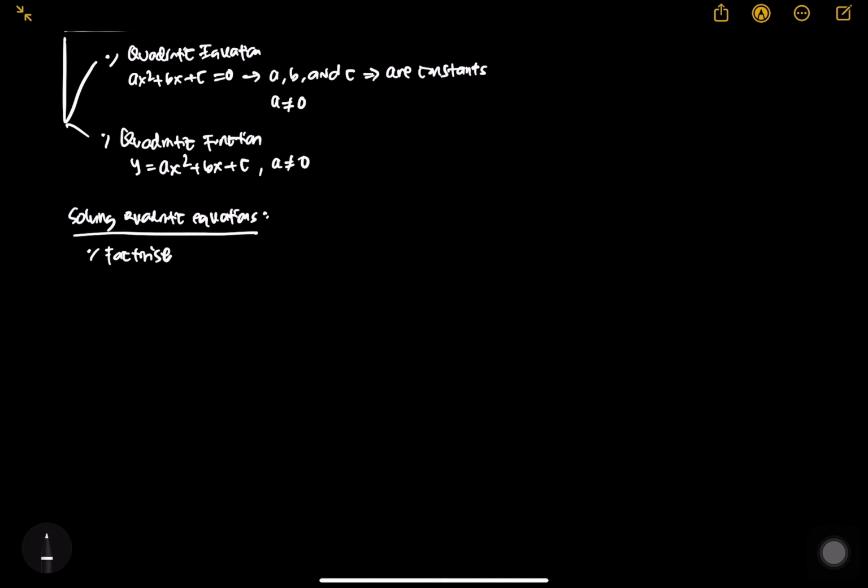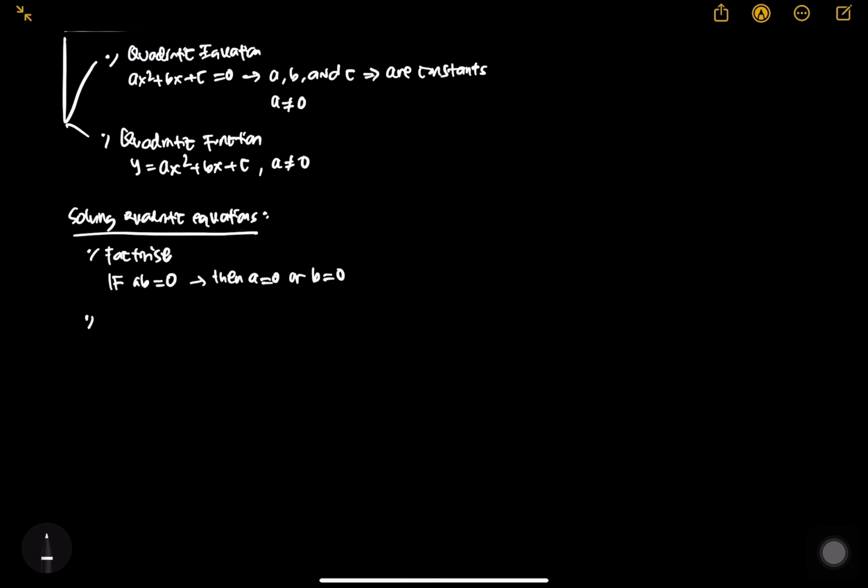When you factorize the quadratic equation, you will get the values of those variables. So if ab equals 0, then a is 0 or b is also 0.